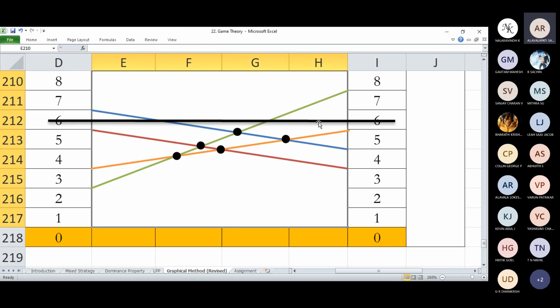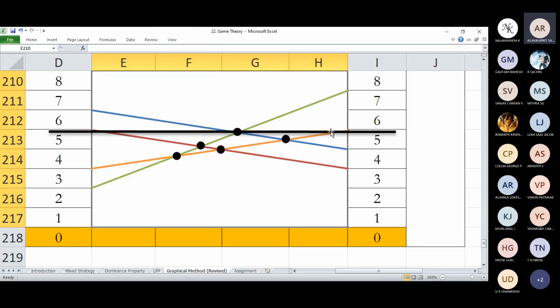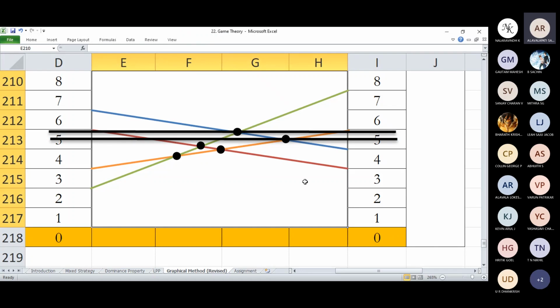Right. So this is just like the ISO objective line in our linear programming problem, right? So what you do is you draw that with the center of this particular thing perpendicularly. Then you can draw another line through the center of it, something like that. Right.